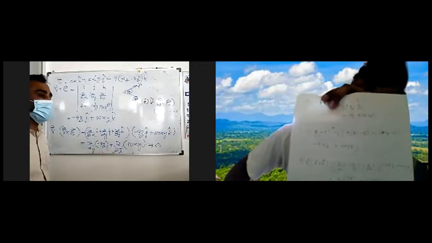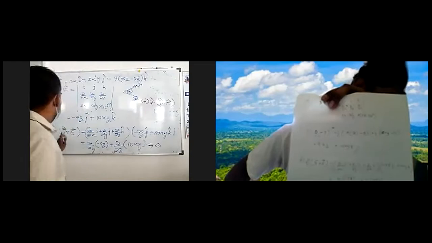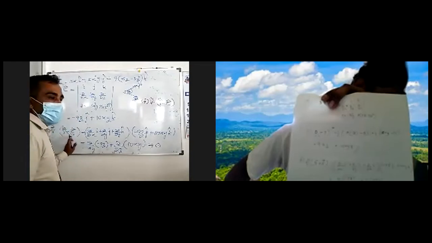Curl of some vector is normal to the surface. If there is a vector field, the curl gives the normal vector component to that surface. Curl gives the normal vector component.